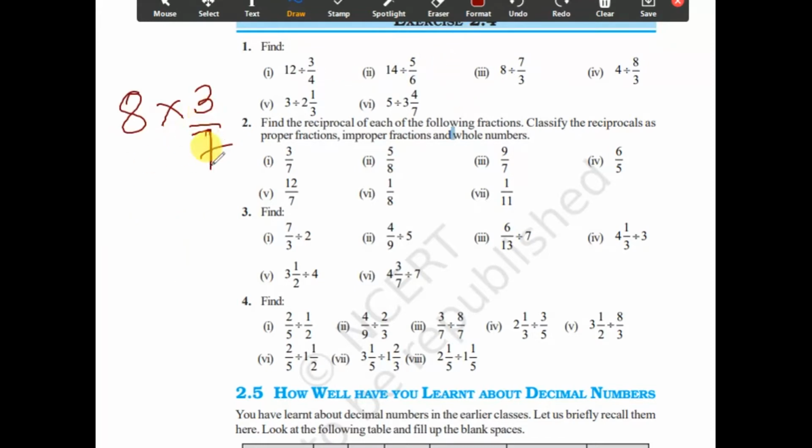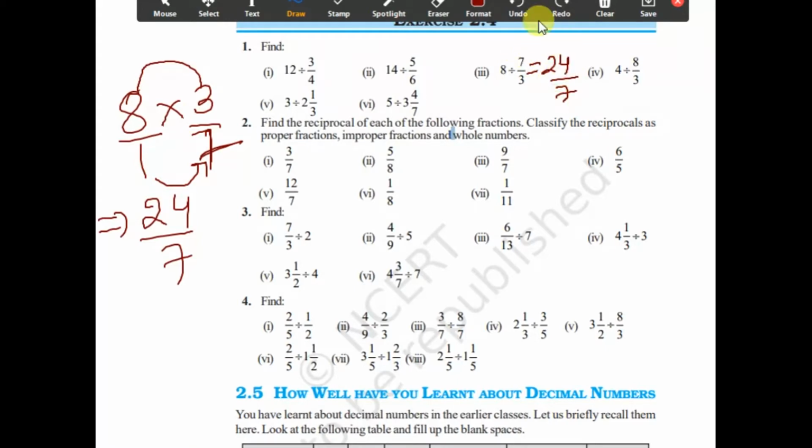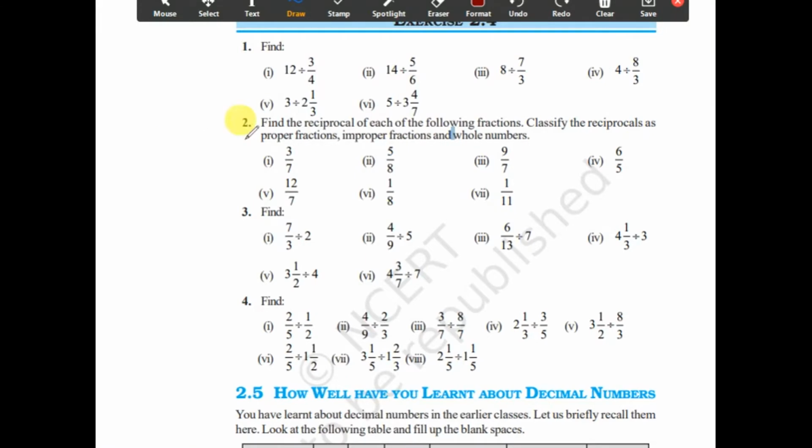The third one is 8 into 3 by 7. Again there is no common factor, so we multiply, and it will become 24 by 7. Always keep in mind, during multiplication you have to multiply numerator with numerator and denominator with denominator, correct? So the answer you are getting here is 24 by 7.